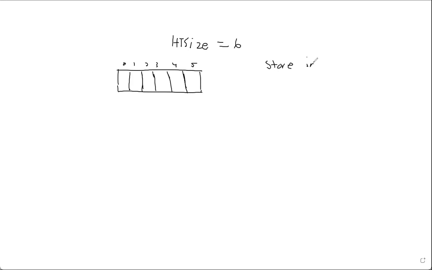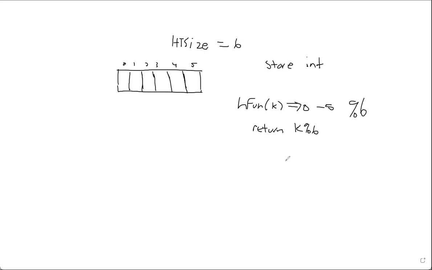What we commonly do for a hash function is this: it's going to take some key, which is an integer, and return a value from 0 to 5. We can do this with the modulo operator of 6. So our function will just return k, which is an int, mod 6.